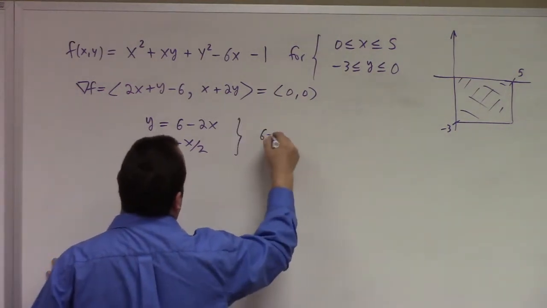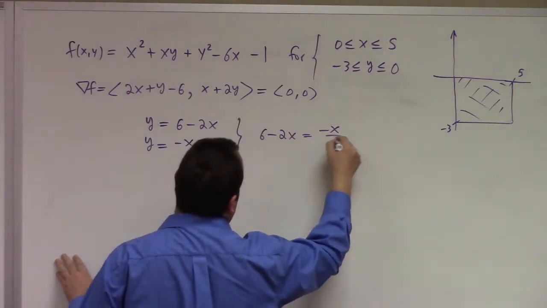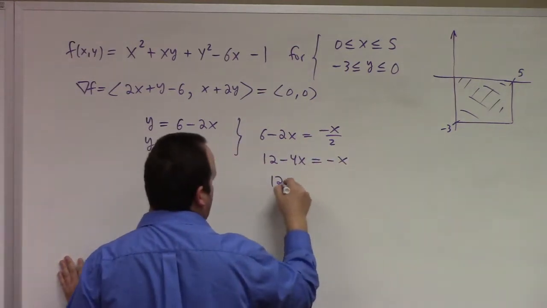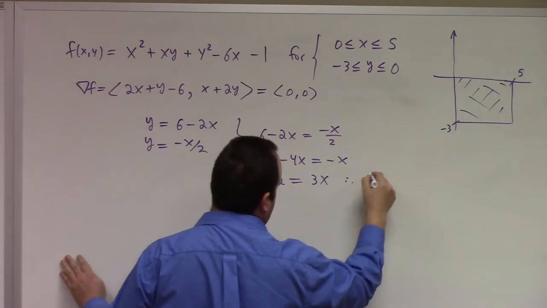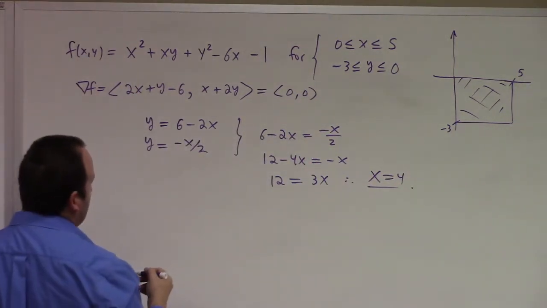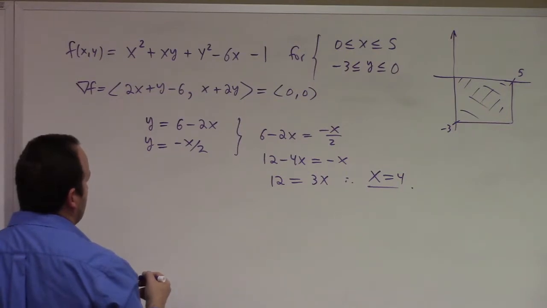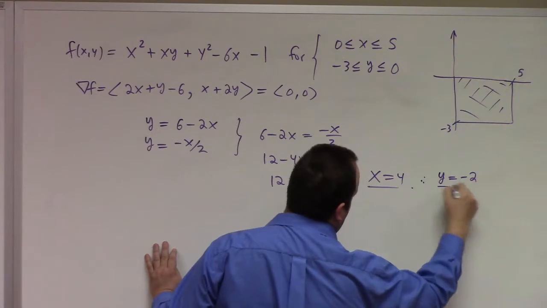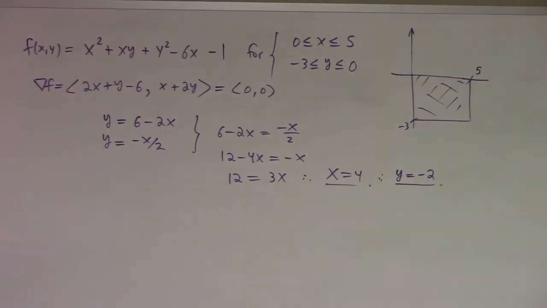So 6 minus 2x is equal to minus x over 2, which gives you 12 minus 4x is equal to minus x, which gives us 12 is equal to 3x, so therefore x is equal to 4. Y is equal to minus 2. Looks to me like we just have one critical point.